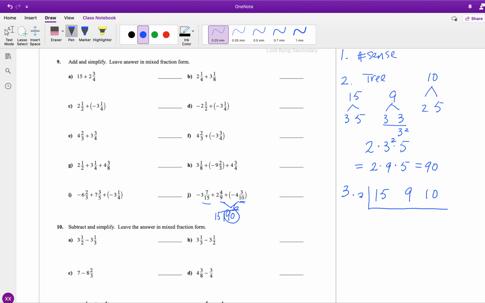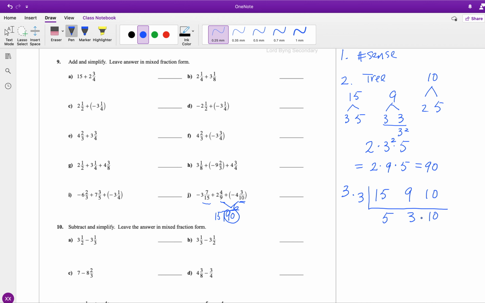So I get a 3 here. 15 divided by 3 is 5. 9 divided by 3 is 3. 10 cannot be divided by 3, so not a problem, pull it down. Now take a look at the three numbers. If any two of them still have a common factor, we can keep going.